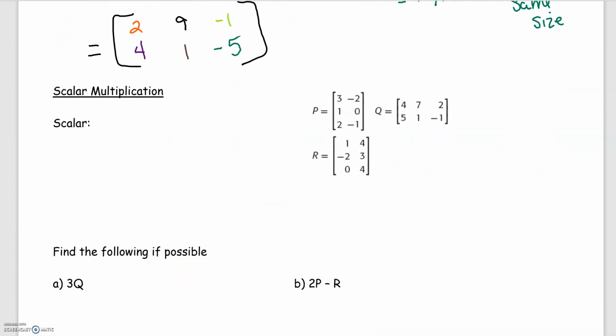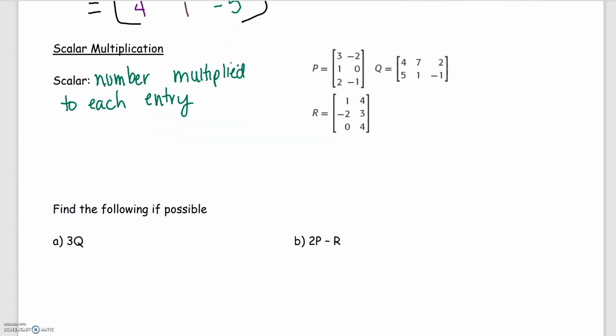All right, scalar multiplication. So a scalar number is multiplied to each entry. So it's this big number out front, kind of like a coefficient here. We're going to take 3 times every single number in Q. So I'm going to take 3 times 4, 3 times 7, 3 times 2, and all of those entries.